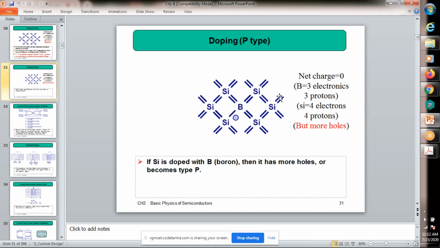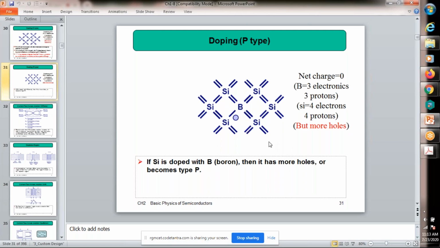Similarly, here also the total net charge is 0. If any electron comes from outside, it fills up an empty covalent bond. Now this electron fills up the complete covalent bond. Now what about charge? Previously it was 3 protons and 3 electrons, so net charge is 0. Here one more extra electron is added from outside, so negative charge.